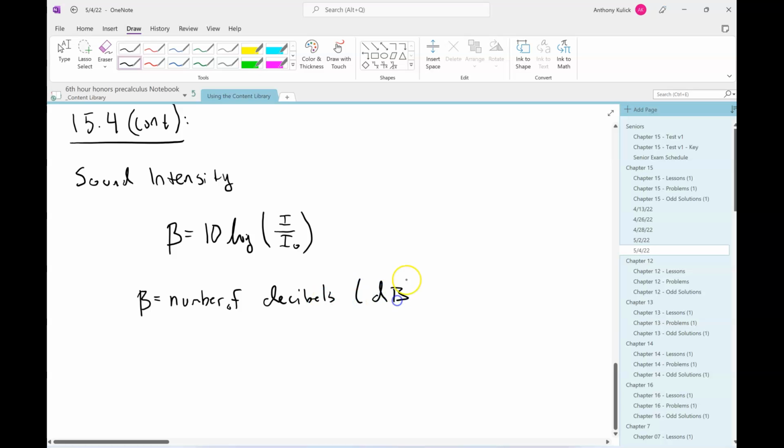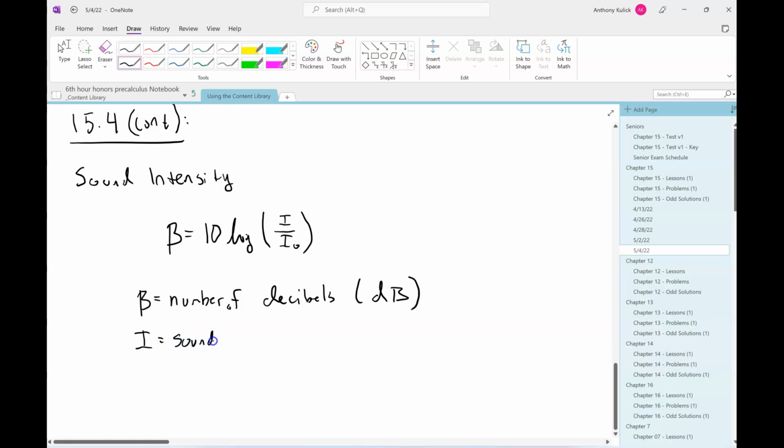The symbol for decibels, just if you're curious, is lowercase d, uppercase b. You're like, wait, what? Well, the prefix for deci, the abbreviation for that is lowercase d, right? SI people. So that's why that's cased in that way.